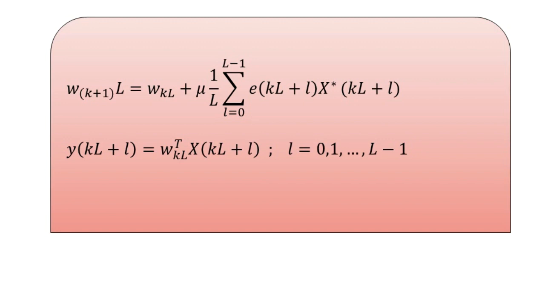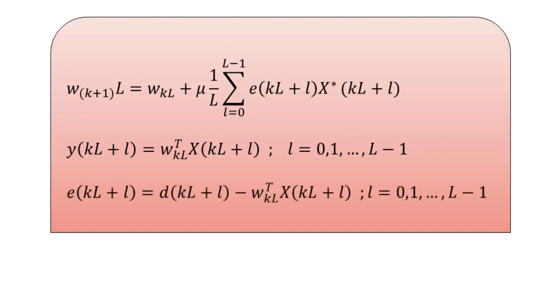The error signal can be denoted as e of kL plus small l, equal to the desired signal d of kL plus small l minus the transpose of the weight w suffix kL multiplied by x of kL plus small l, where small l has the usual notation, with values ranging from 0, 1, 2 and so on up to capital L minus 1.